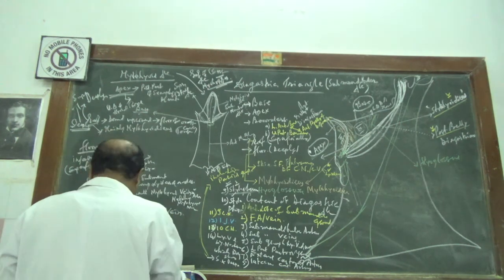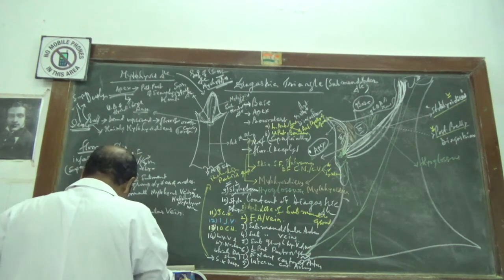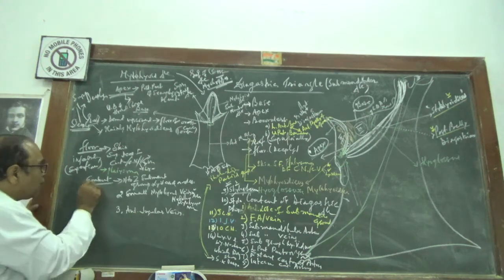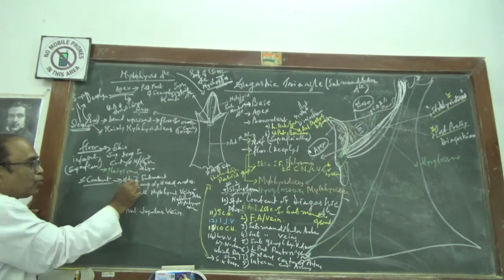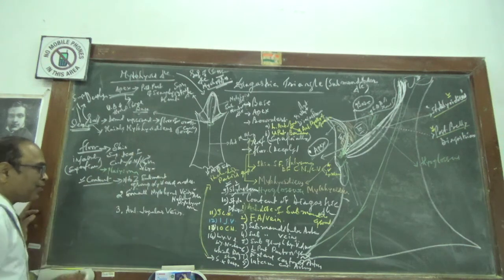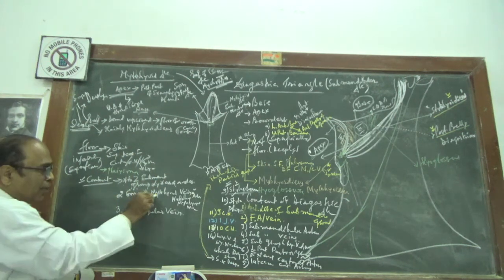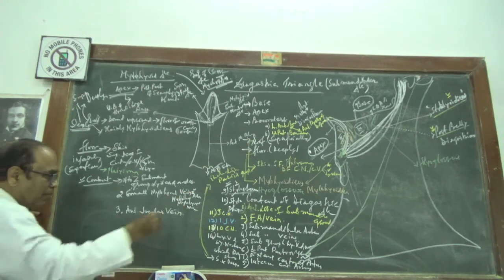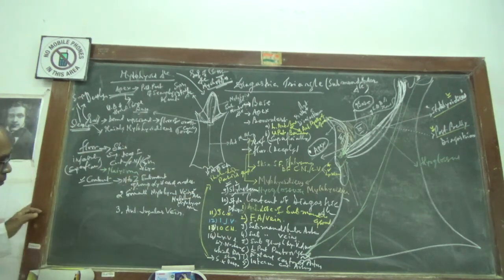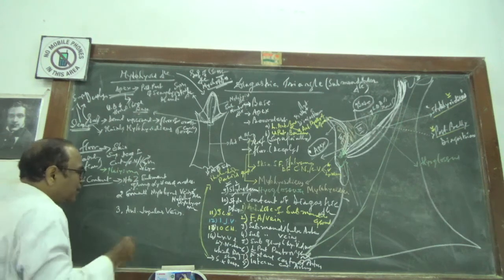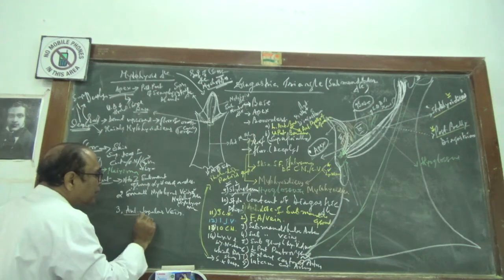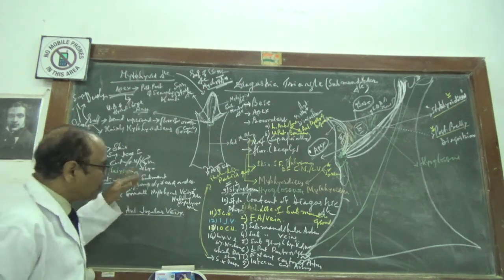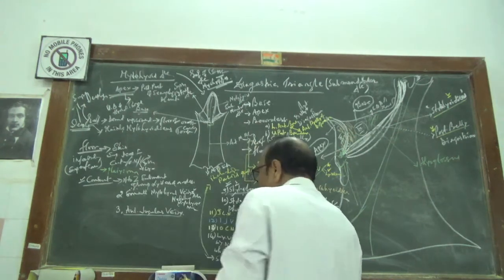So these are the contents. Mylohyoid contents: one to two submental group of lymph nodes and lymph vessels, small mylohyoid veins, mylohyoid arteries, mylohyoid nerve. Then you have the anterior jugular vein. These are the contents, nothing more than that.